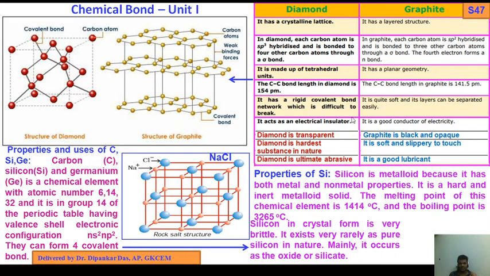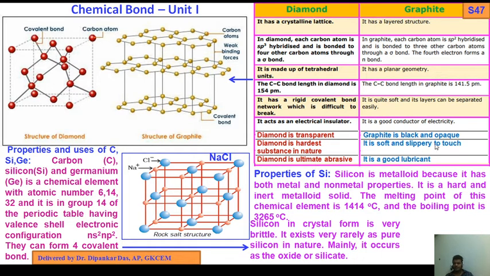Diamond has a rigid covalent network which is difficult to break; graphite is quite soft and its layers can be separated easily. Diamond acts as an electrical insulator; graphite is a good conductor of electricity. Diamond is transparent, as all of you have seen. Graphite is black and opaque. Diamond is the hardest substance in nature.